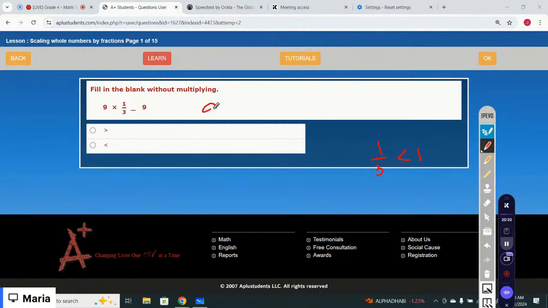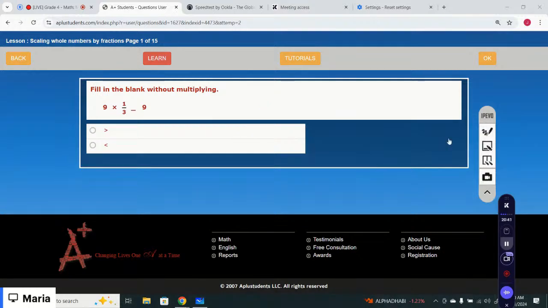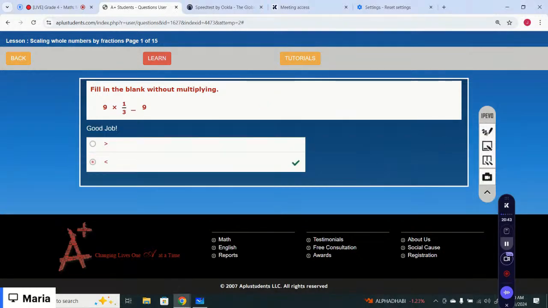So 9 times 1/3 is less than 9. Option number 2 is the correct option, less than.